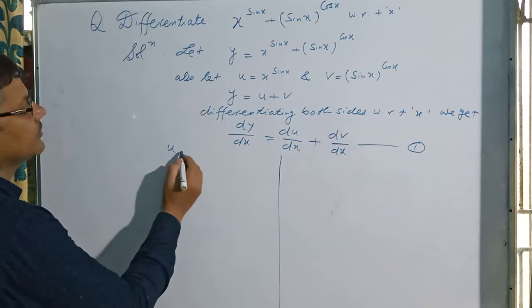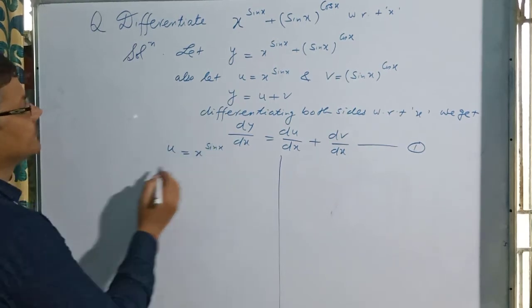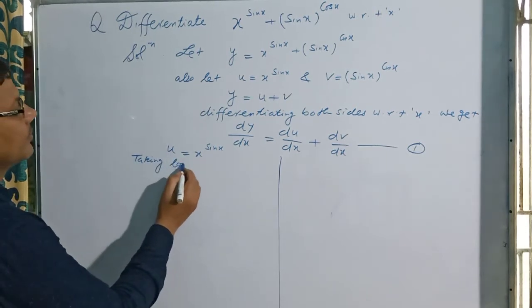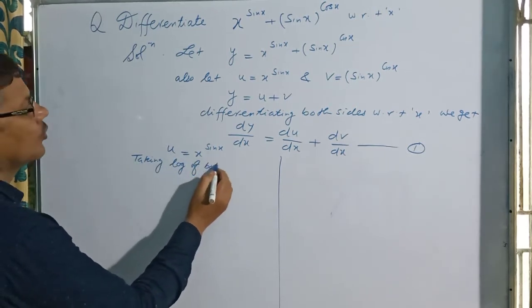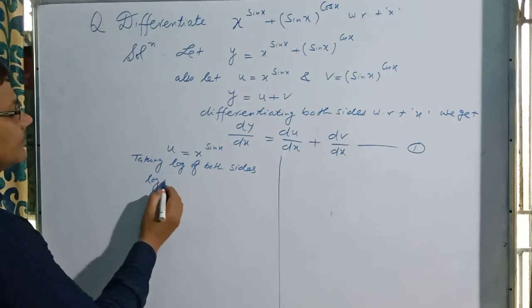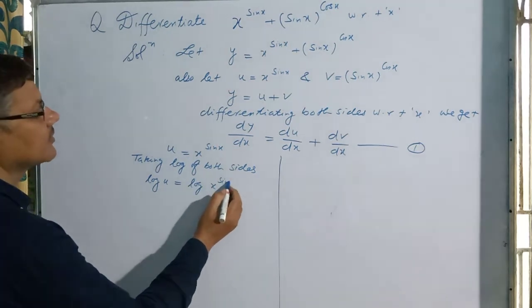We have u equal to x power sin x, taking log of both sides. We get log u equals log of x power sin x.